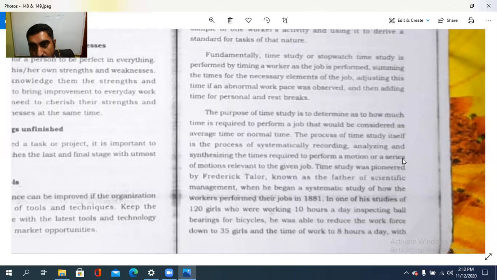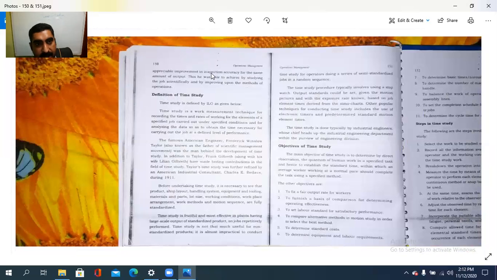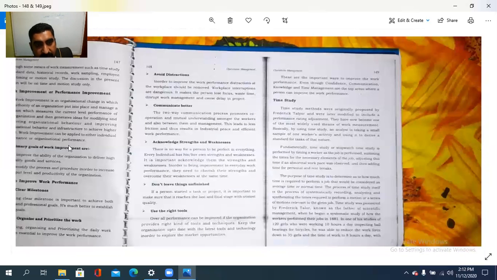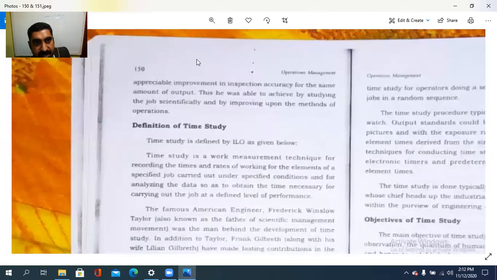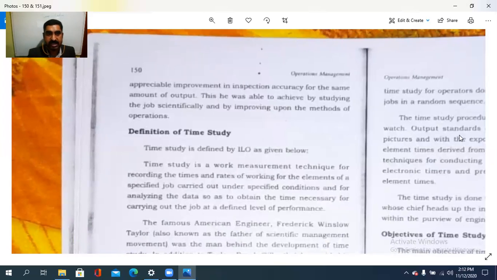അപ്പൊ അവിടെ വരാൻ പോകുന്ന എന്താണെന്ന് വെച്ചാല് ഏത് രീതിയിലാന്ന് നോക്കുക. അപ്പം 120 10 മണിക്കൂറായിരുന്നത് 35 8 മണിക്കൂറായിട്ട് കുറച്ചു, with appreciable improvement in inspection accuracy for the same amount of output. 120 ലേഡീസ് 10 മണിക്കൂറിന് എടുത്തിരുന്ന അതേ പ്രൊഡക്ടിവിറ്റി തന്നെയാണ് 35 പേര് 8 മണിക്കൂറിൽ എടുത്തത് എന്ന് പുള്ളി കണ്ടെത്തി.